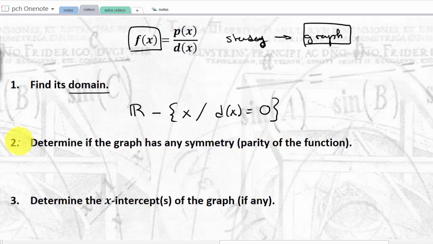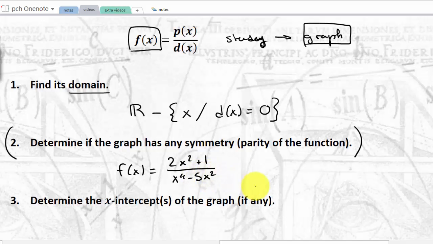The second point I'm going to put in parentheses, because symmetry of a rational function doesn't happen often. It would have to be really striking, like the function would have only even coefficients.